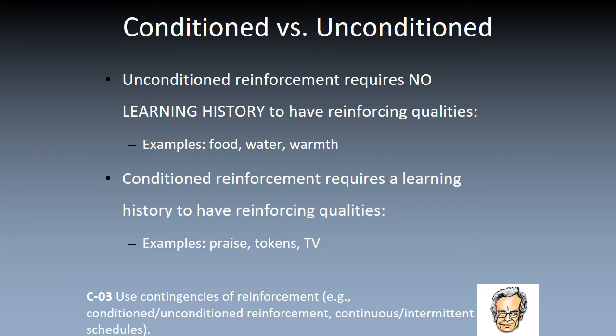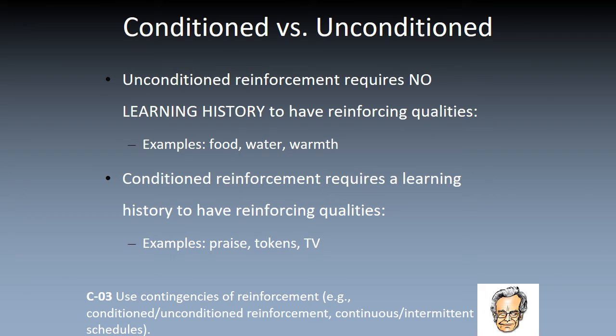Or money, for example. Money is conditioned, a good example of conditioned reinforcement. Money by itself has no real value unless you're cold and need to burn it up to keep warm. But what you can turn it into, that conditioned reinforcement, okay, that history that if I give this $1, I get this. That's where the reinforcement comes from.